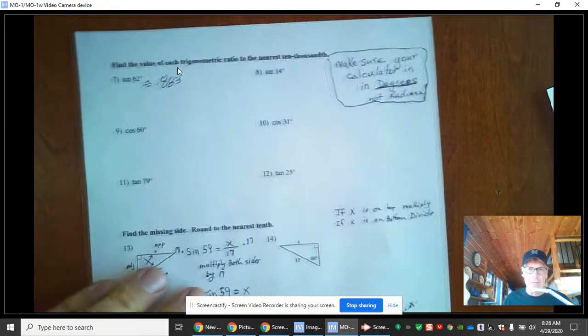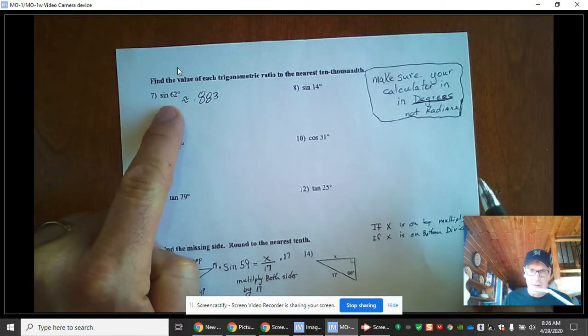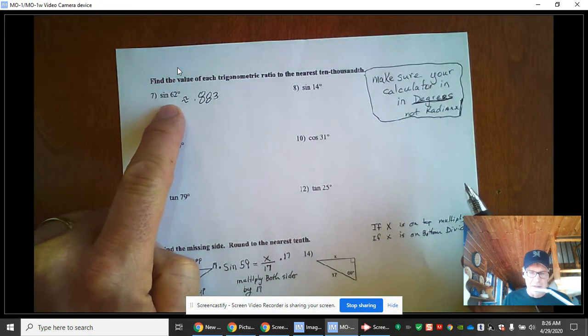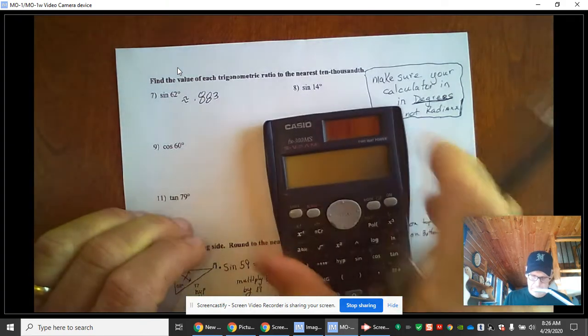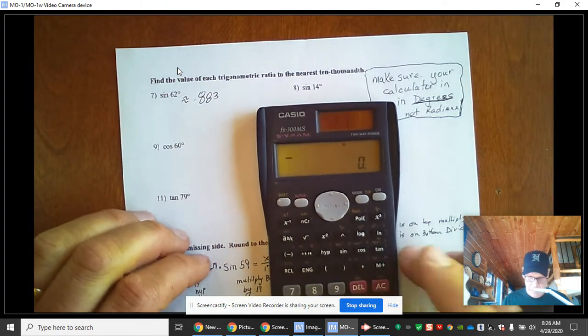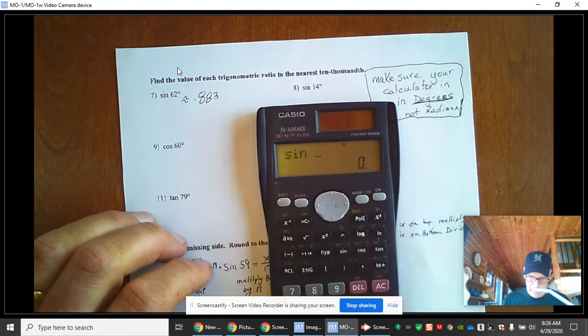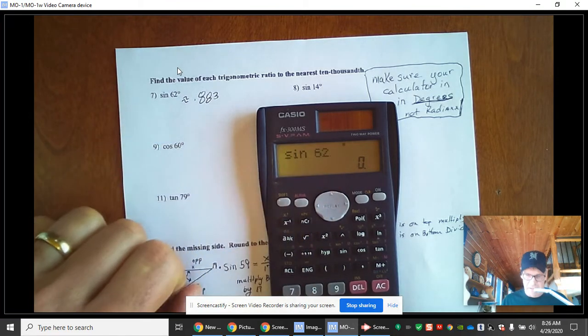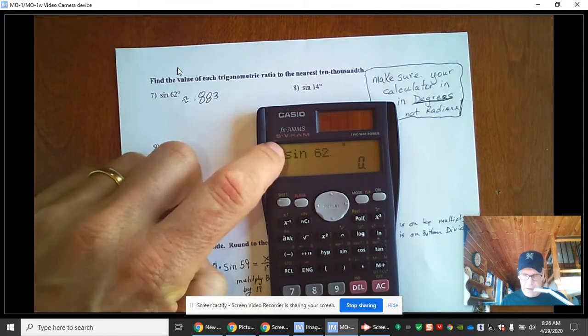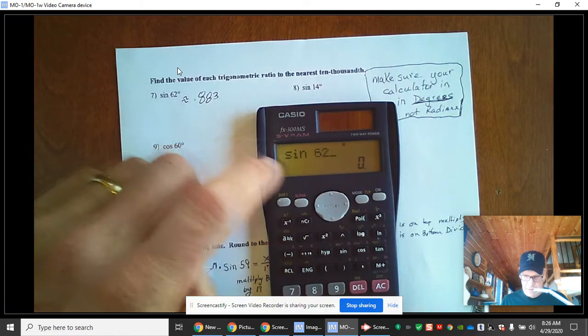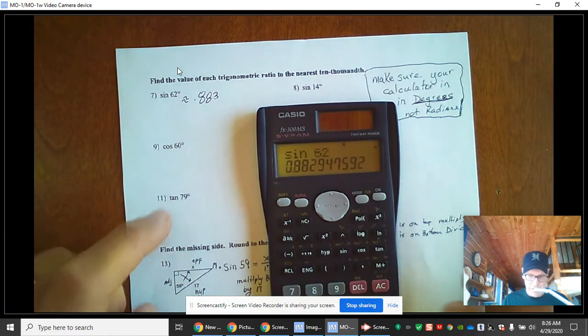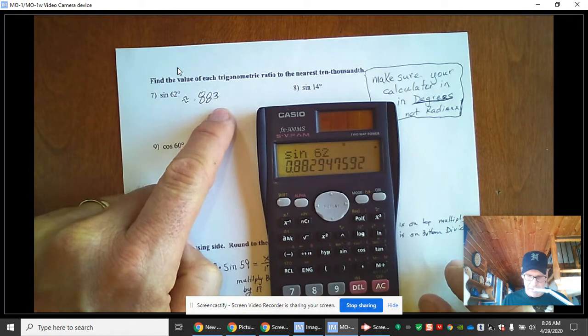So get a calc, and all you're going to do is punch in the sine of 62 degrees. Make sure I'm in degrees. There's the D. If you're in radians, it's going to have an R. So make sure you got a D. So sine 62, round to the ten thousandths.